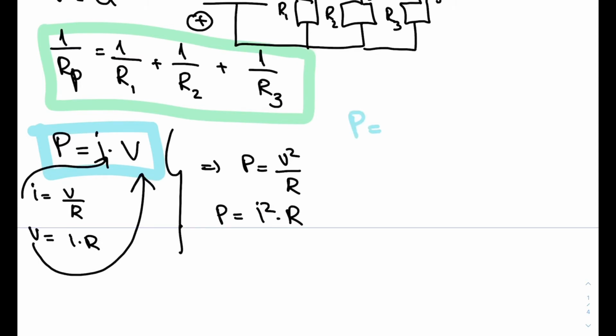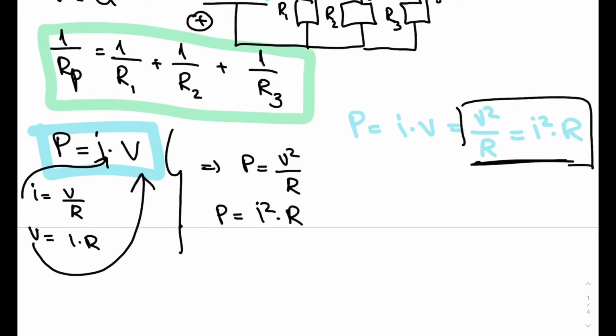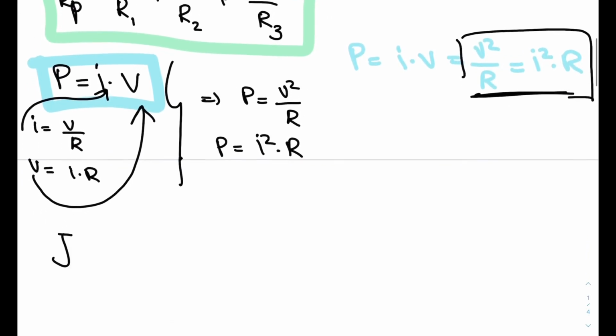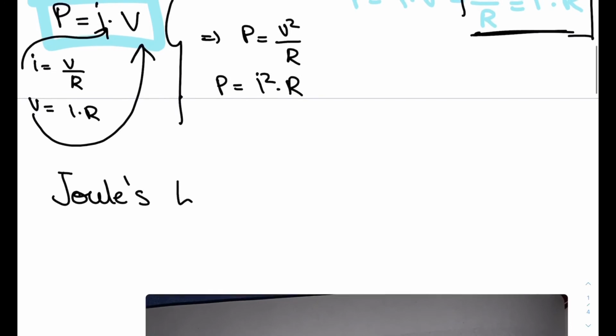Power equals I times V, or V squared over R, or I squared times R. These are the ones you can easily derive, so you don't have to memorize them all. Just memorize this one, the basic one, which I have shown you here. All right. Let's go to the other law, Joule's law.